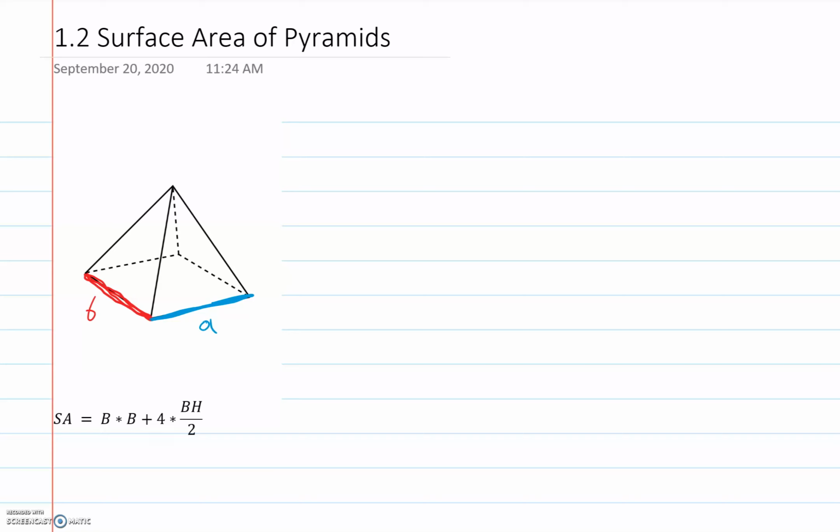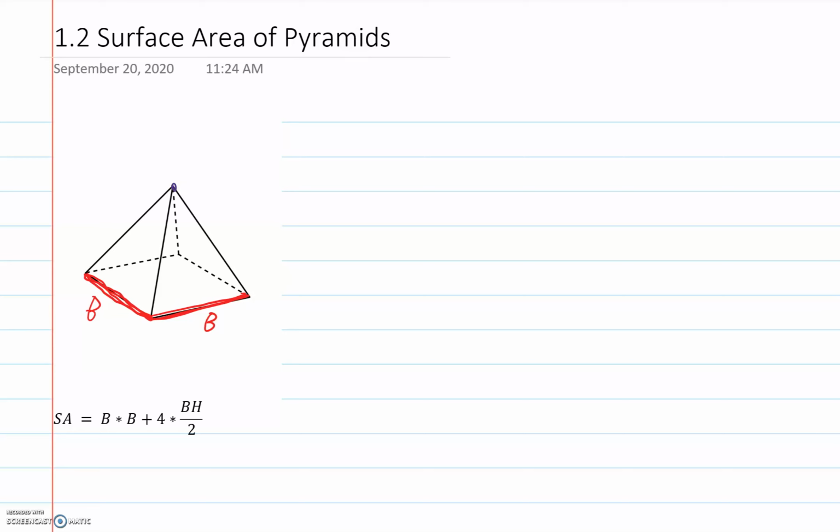But let's first talk about it as a square base pyramid, which means that this side and this side are both equal. So that's the base.